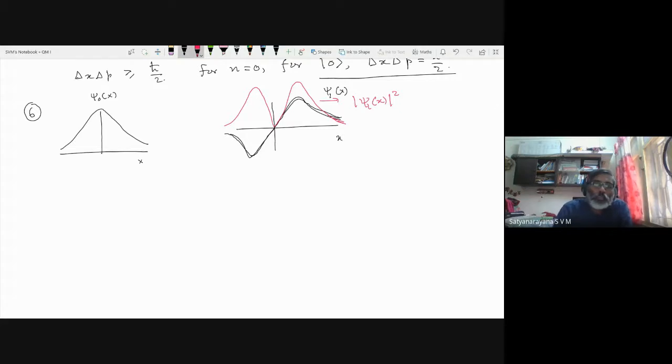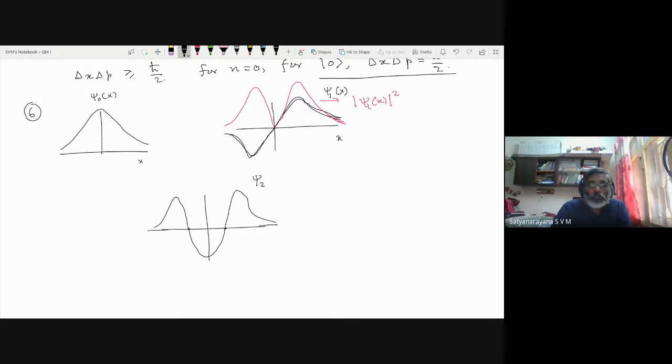Now let's look at psi 2 of x. Psi 2 of x will be something like this, having two nodes. It will be going to infinity only at 0. So there will be two nodes, one node here and one node here.